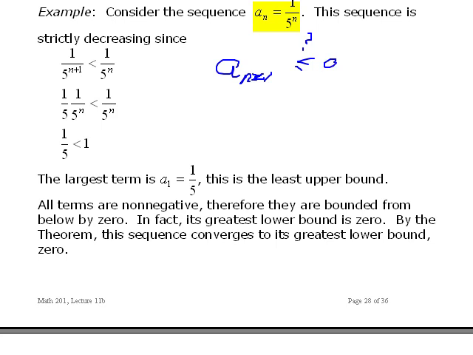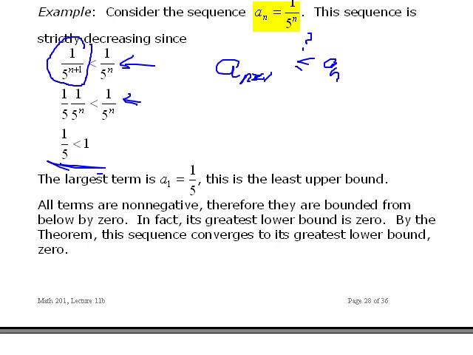I'll put a question mark over it because we don't know it right now. So here is your a sub n plus 1, and here on this side is a sub n. Like I said, try to rearrange this. If I factor out 1 over 5, I have 1 over 5 times 1 over 5 to the n, and on the right-hand side, I still have 1 over 5 to the n, which can be canceled. So I end up with 1/5 is less than 1. That's true, and that's great.